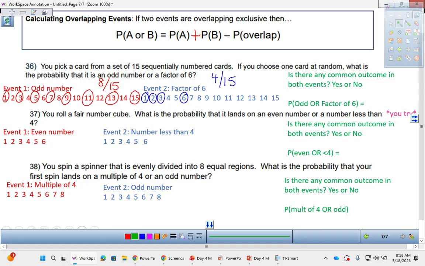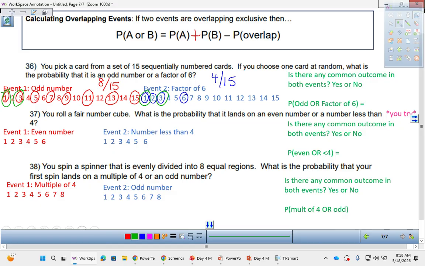are factors of 6. What we have to subtract is the overlap. How many numbers happen in both lists? 2. So the 1 and the 3. There are 2 numbers that repeat out of 15. Your denominator is going to stay the same.